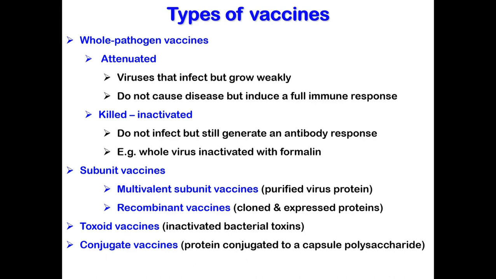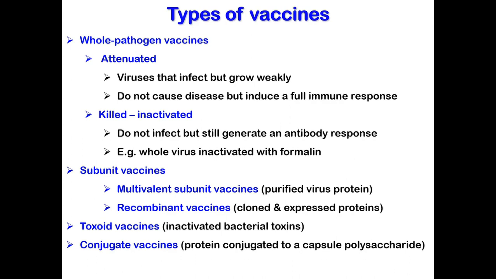And then we have conjugate vaccines, and these are a specific type of subunit vaccine that consists of a protein conjugated or joined to a capsule polysaccharide. And these conjugate vaccines have been developed to enhance the efficacy of subunit vaccines against pathogens that have these protective polysaccharide capsules.